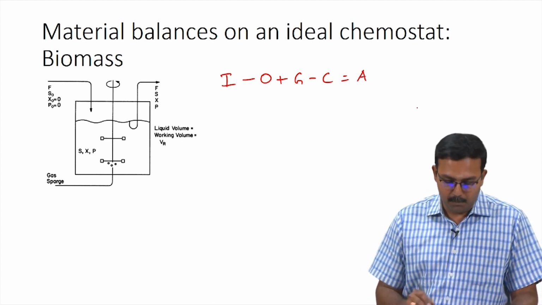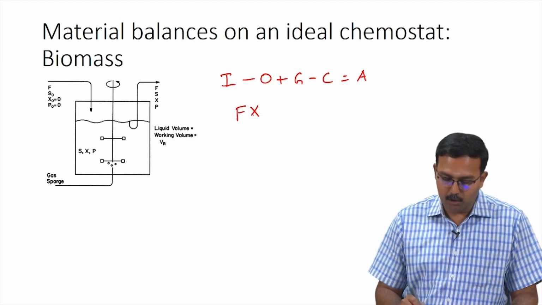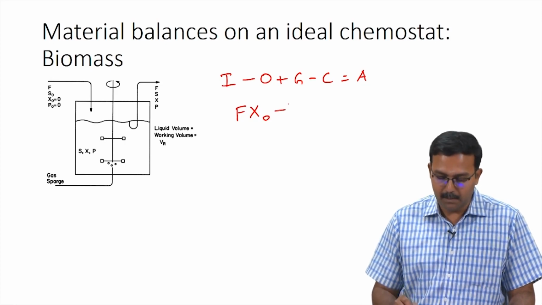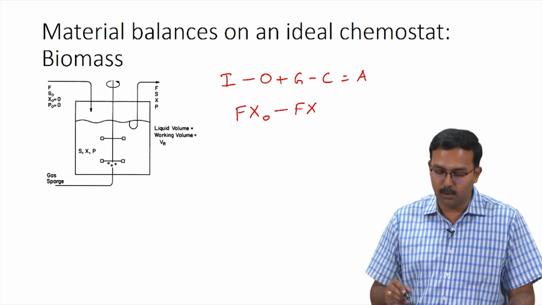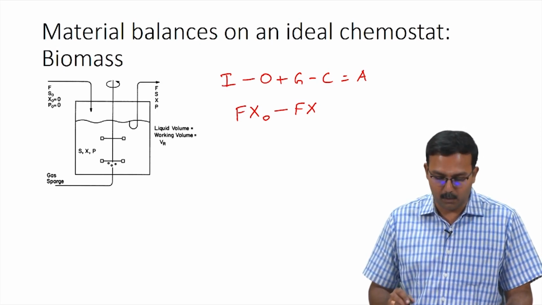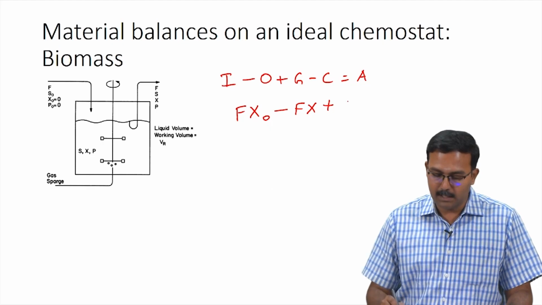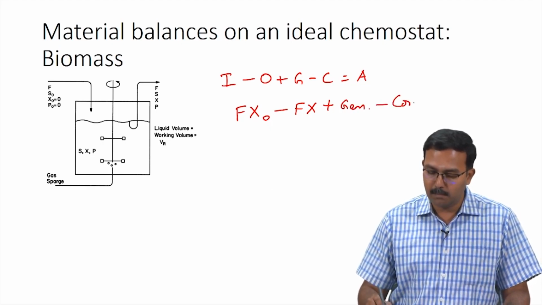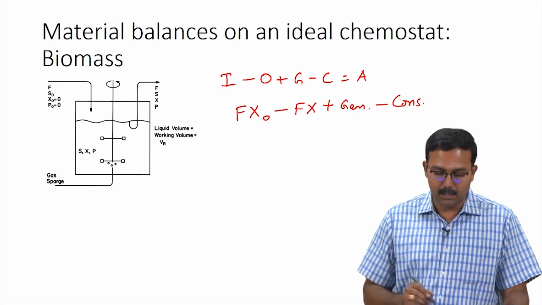The inlet term would be F times X naught, where F is the volumetric flow rate and X naught is the biomass concentration in the inlet stream, minus outlet being Fx, where F is the outlet flow rate and X is the biomass concentration in the outlet stream, plus generation term, we will get to what the generation term would be, minus consumption, let us also get to consumption later.